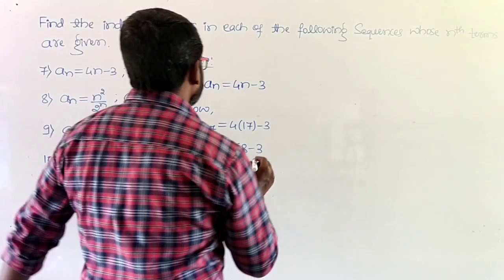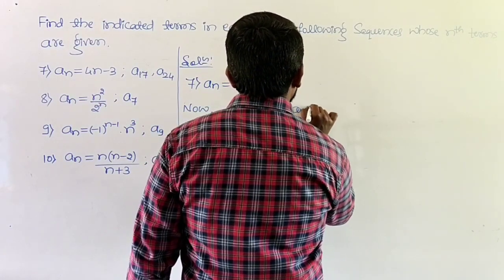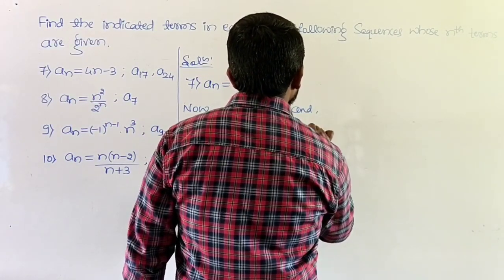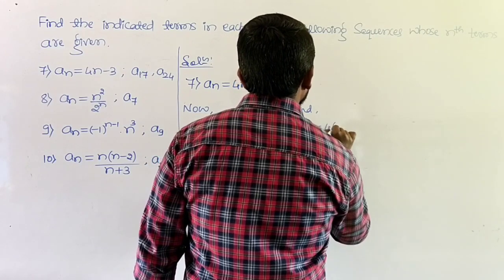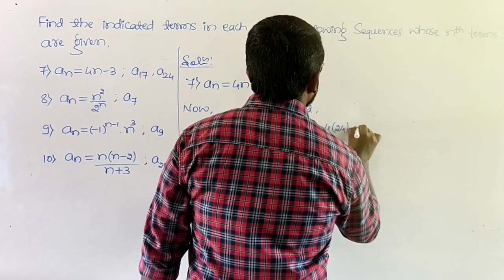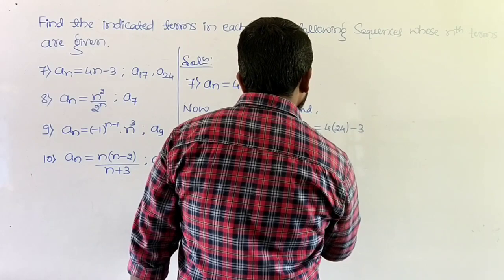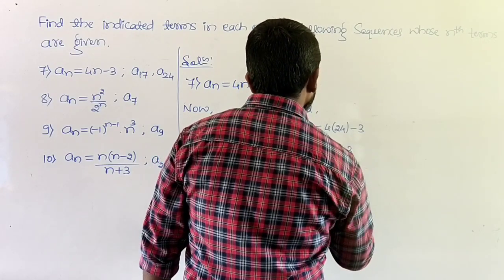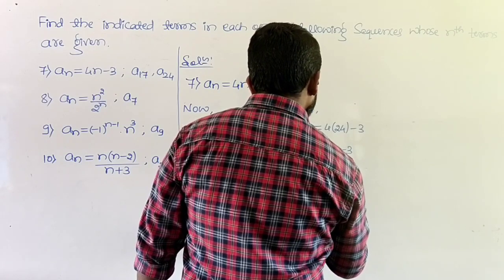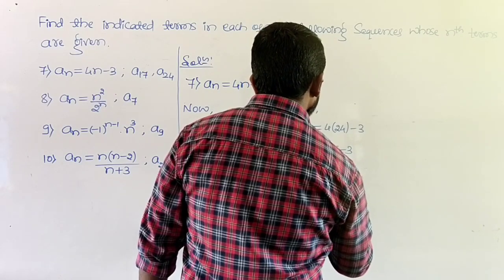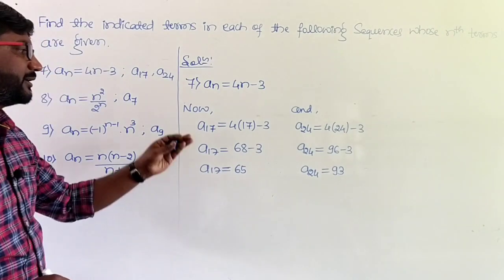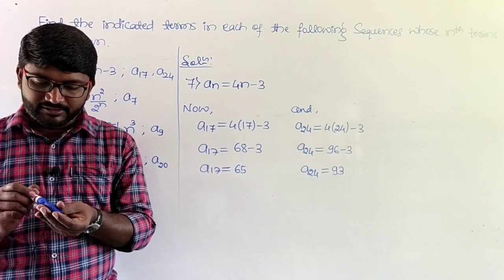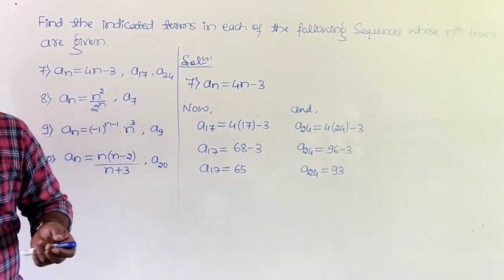Then next we'll move on to a24, and a24 is equal to 4 into 24 minus 3. So a24 is equal to 96 minus 3, so a24 is equal to 93. Then this is all about the seventh problem. Write down this and then we'll move on to the eighth one.